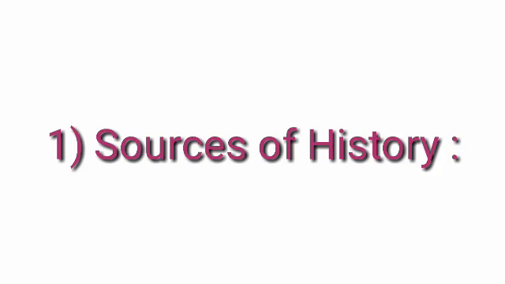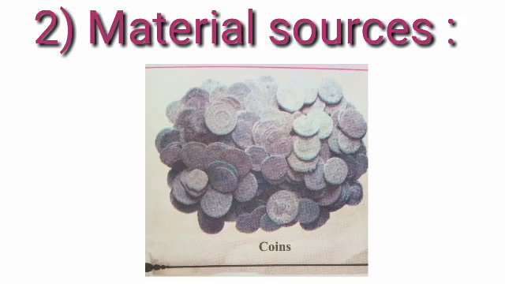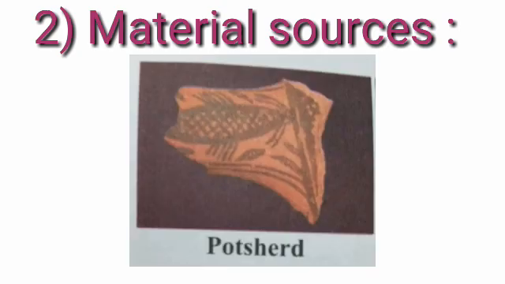So let's study the second important point, that is material sources, the type of sources of history. The artifacts, articles, monuments or their ruins are called material sources of history.